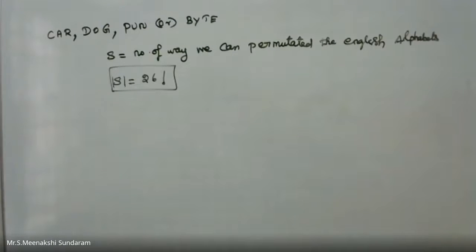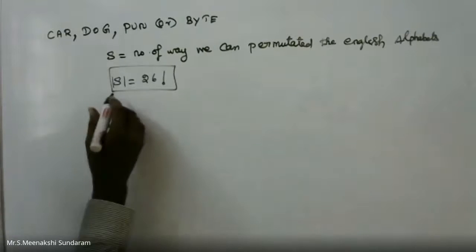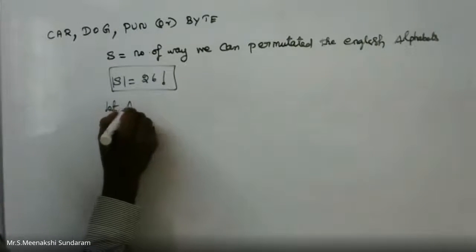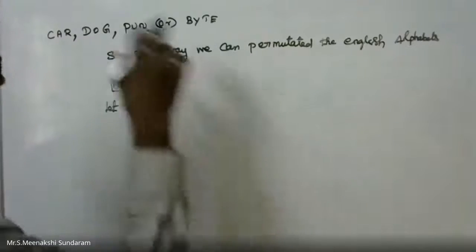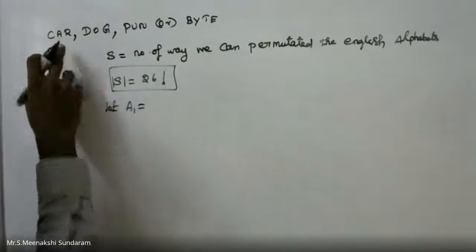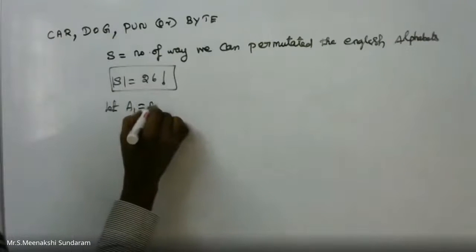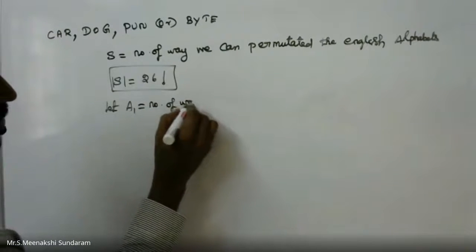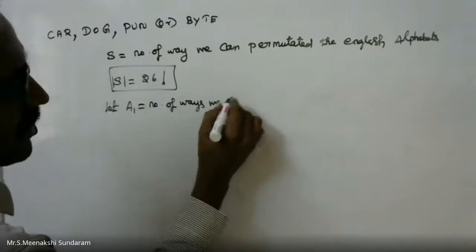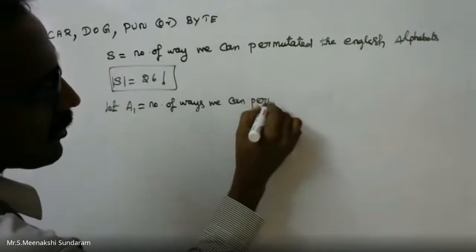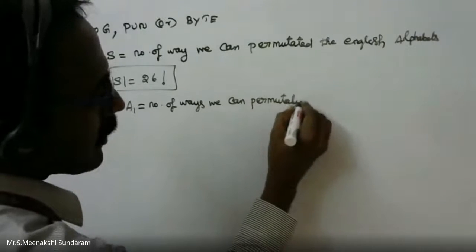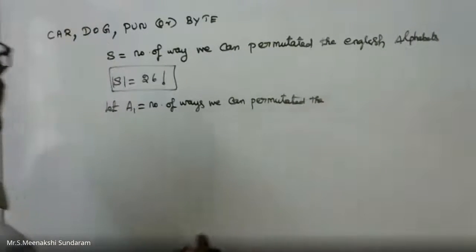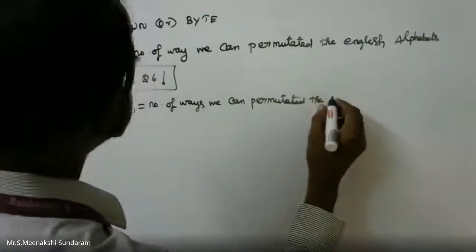Now let A1 be the set of permutations in which the word car occurs. The number of ways we can permutate the English alphabets so that the word car occurs.